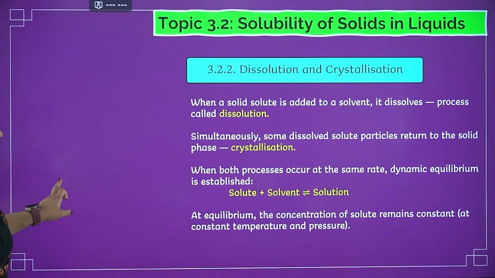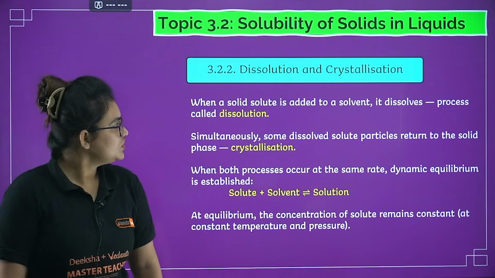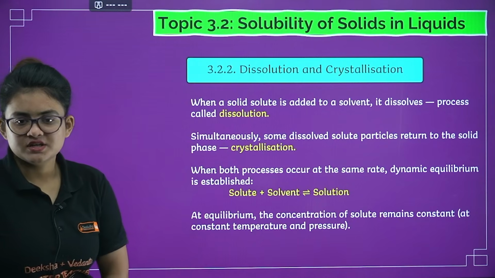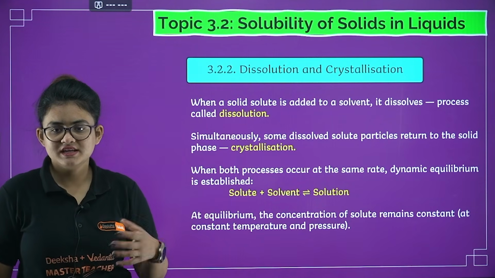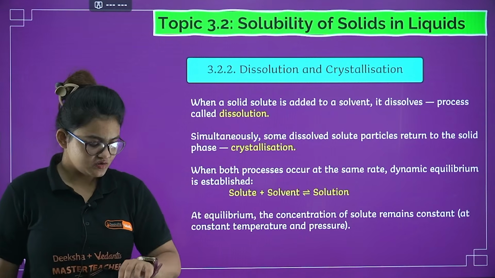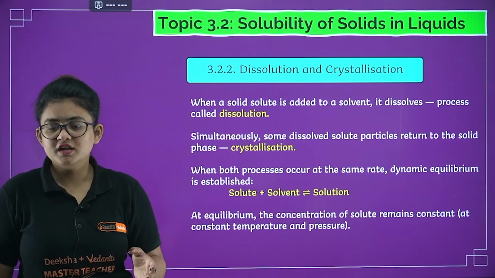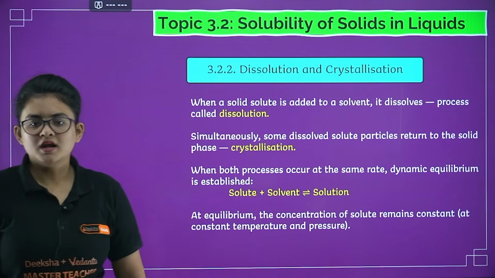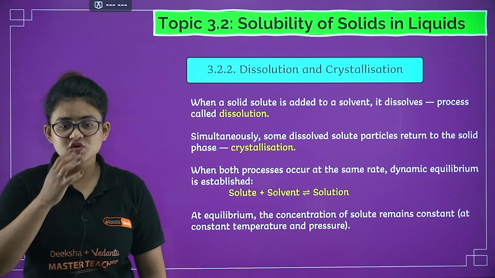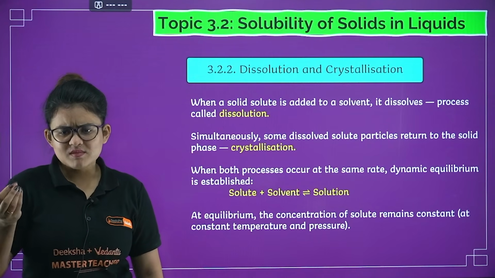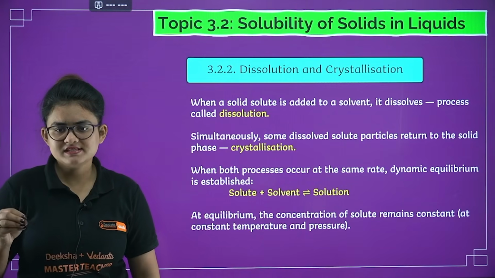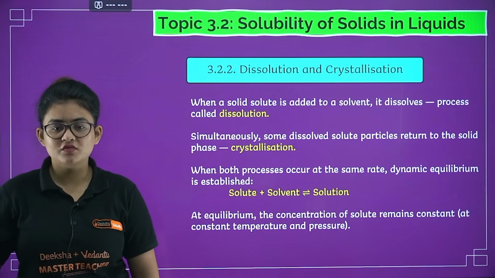Let's proceed further. Here comes dissolution and crystallization. So when a solid solute is added to a solvent, it gets dissolved, right? This particular process is called dissolution. Now what is crystallization? Crystallization is when some of the dissolved solute particles return to the solid phase.